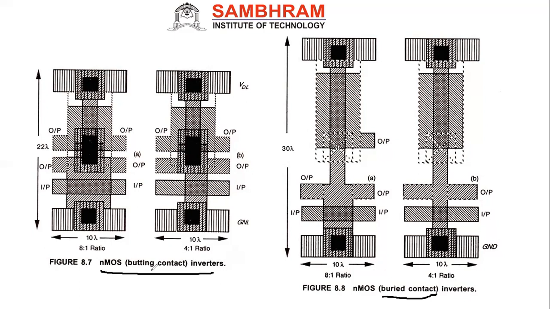Now how did we use the butting contact here? This is the butting contact. As you know, the butting contact is the connection between the polysilicon and diffusion with metal. The buried contact is connecting the polysilicon to diffusion without metal.